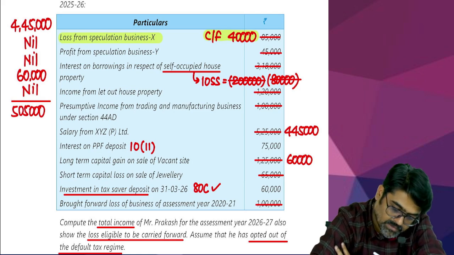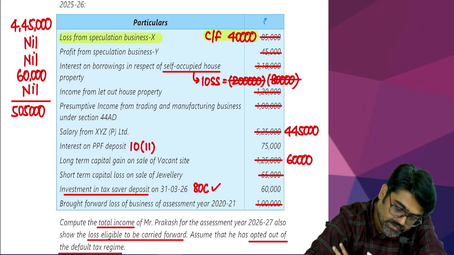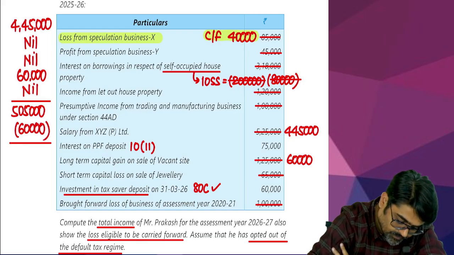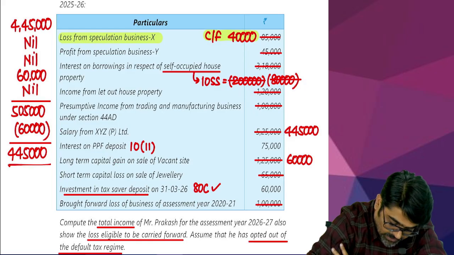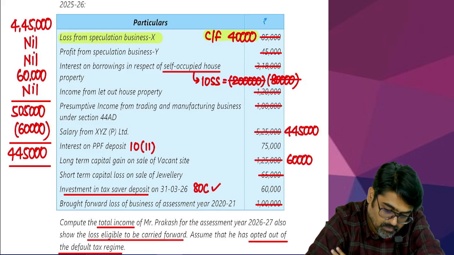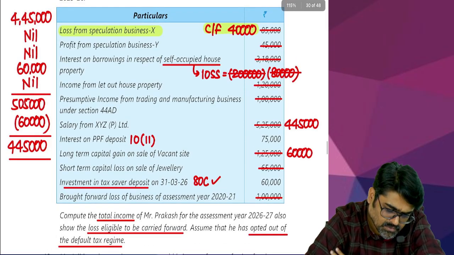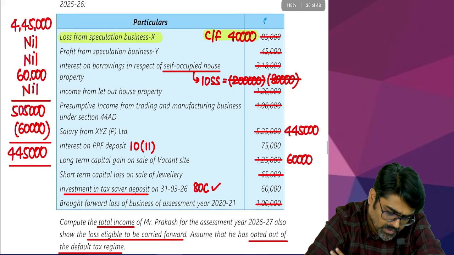From this, can you claim chapter 6 deduction? 80C deduction is how much? 60,000. Any other deduction? So 4,45,000 will become your total income. Please check total income. 3 lakh. So we have missed out something or what?